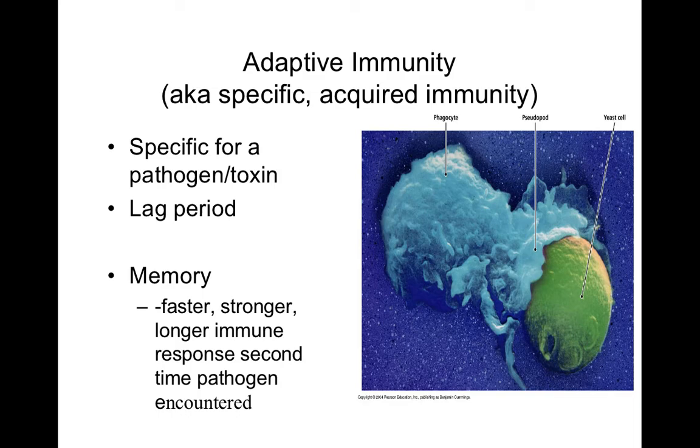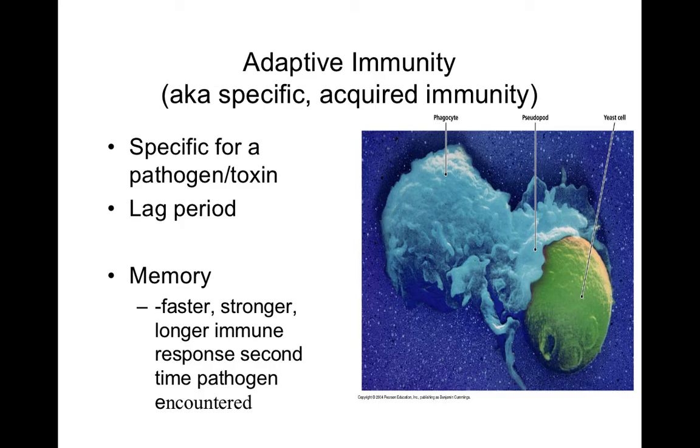There's a huge advantage of adaptive specific immunity, and that is it exhibits memory. We're going to make memory cells, memory lymphocytes. Although the first time we encounter the pathogen or an exotoxin, it's a slow, relatively low response, we don't make a lot of the best antibody, IgG, and it's relatively short-lived.